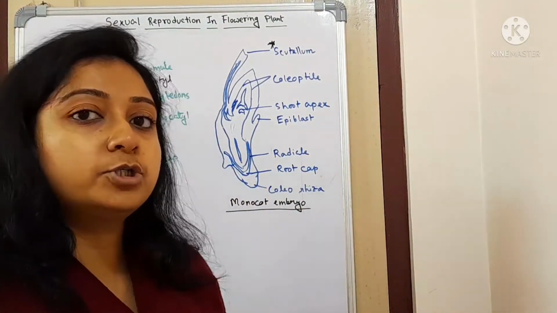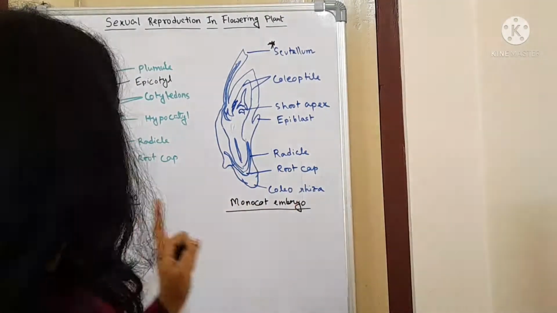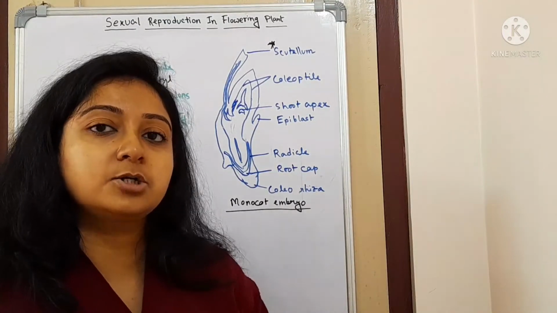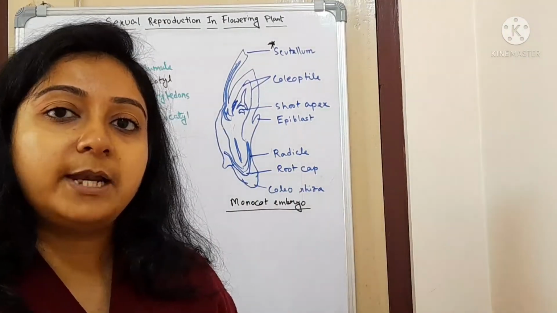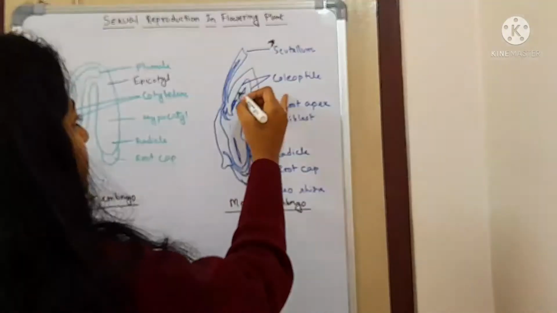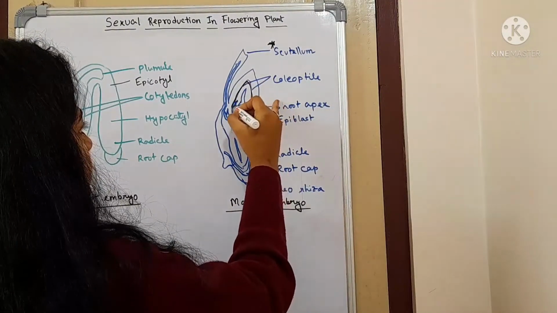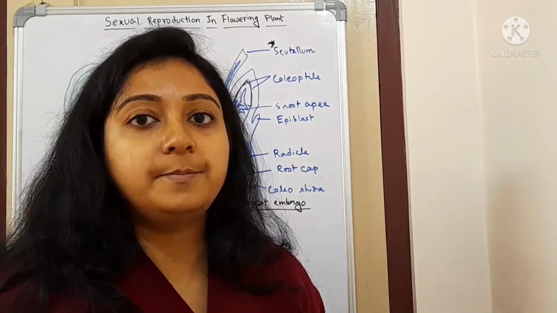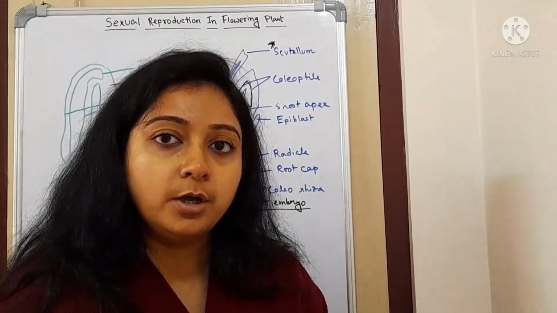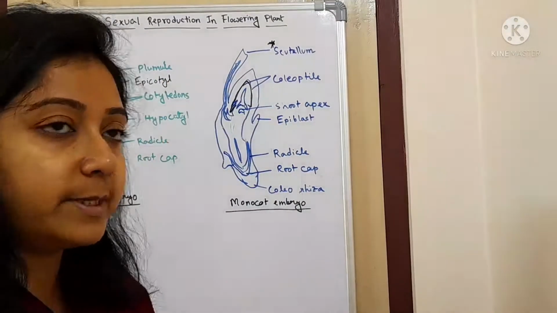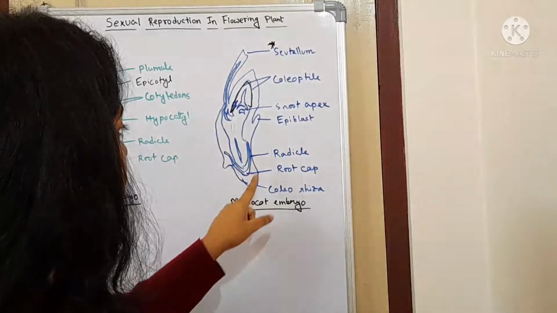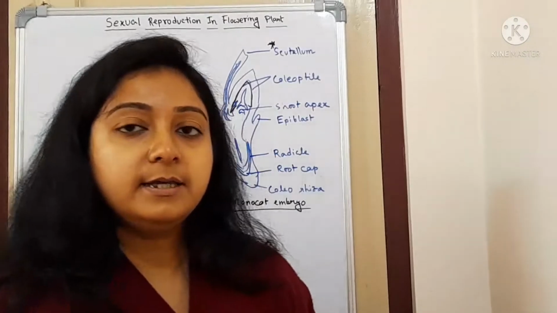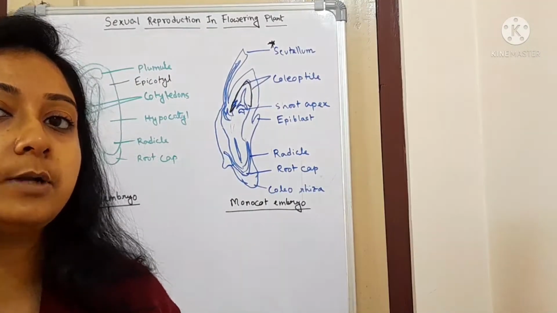Now two extra portions are present here which are absent in the dicot embryo. Here you can see that the shoot apex region is covered with an extra cap-like structure. Can you see a cap-like structure present here? This cap-like structure is called the coleoptile, which is covering the shoot apex, and the cap-like portion which is covering the root or the radicle is called the coleorhiza.